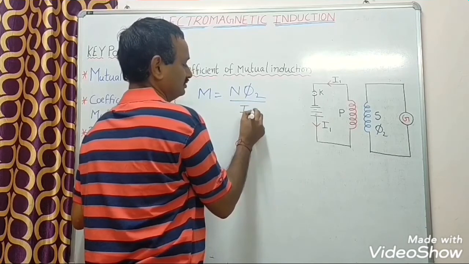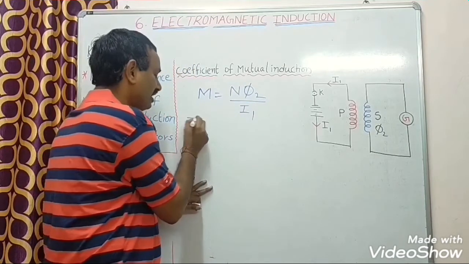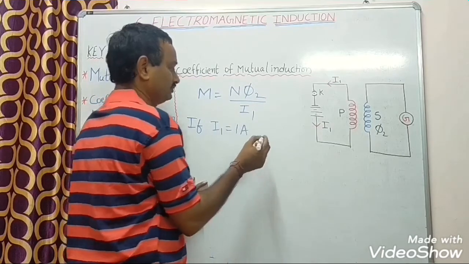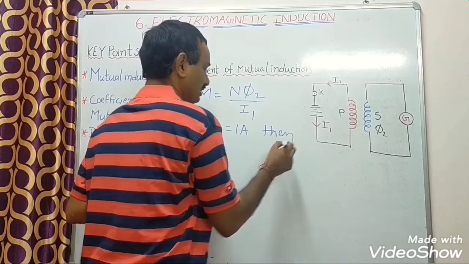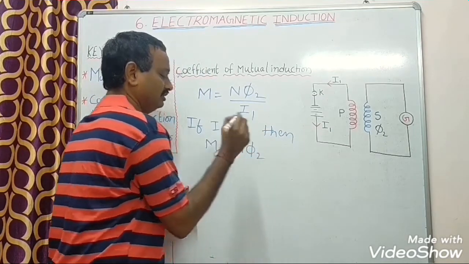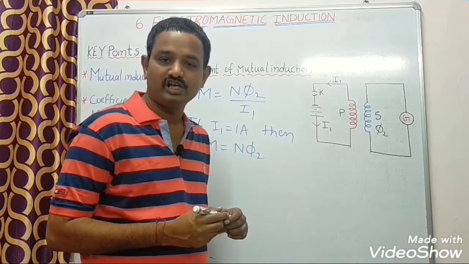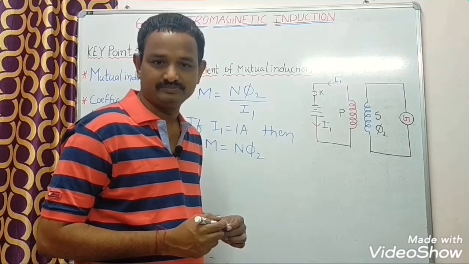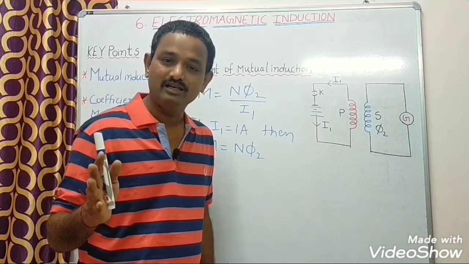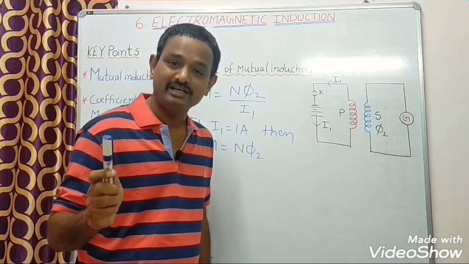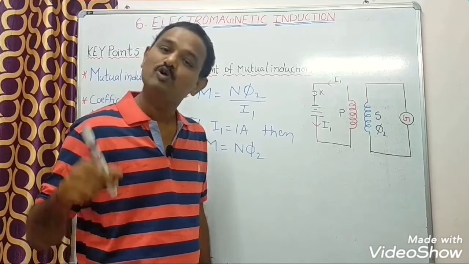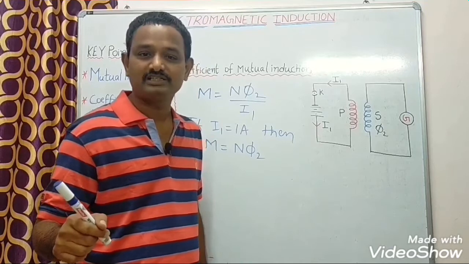For suppose if I1 equal to 1 ampere, then M equal to n into phi2 is called the coefficient of mutual induction. The total magnetic flux linked with the secondary coil when 1 ampere current is flowing through the primary coil is called the coefficient of mutual induction.